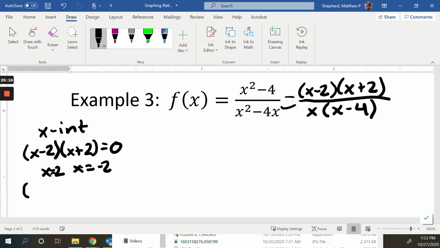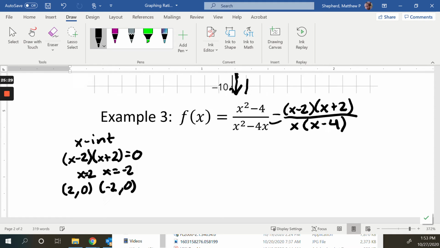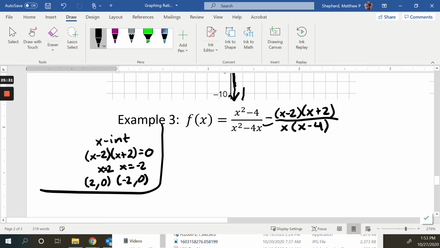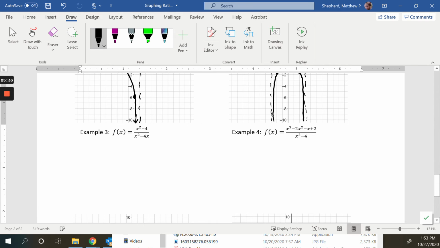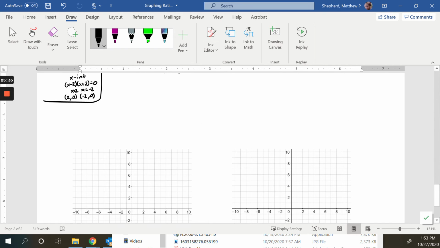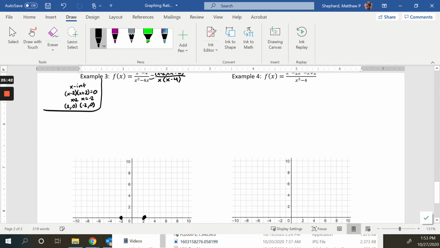That yields 2 points. So when x is 2, y is 0. When x is negative 2, y is also 0. There's our x-intercepts, and we can go ahead and put those 2 dots on there.